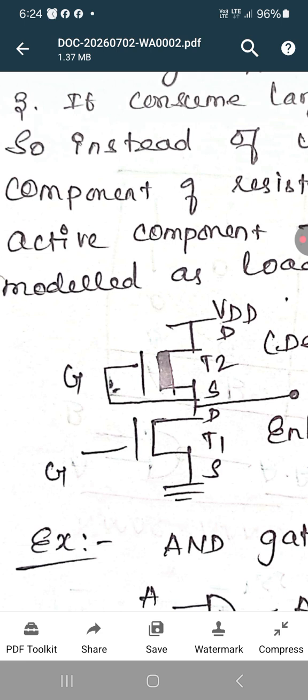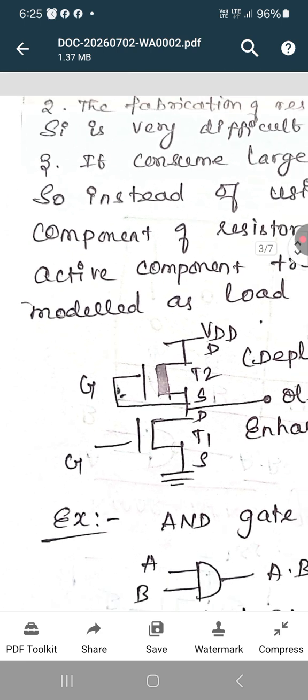If I provide the supply 1 to the gate terminal, the T1 transistor is enabled, and the ground 0 value is passed from below to the output terminal. So if you provide 1, the output is 0. This satisfies my inverter operation. This is the way we design the NMOS logic.